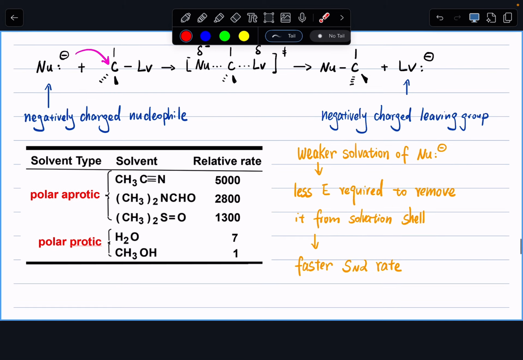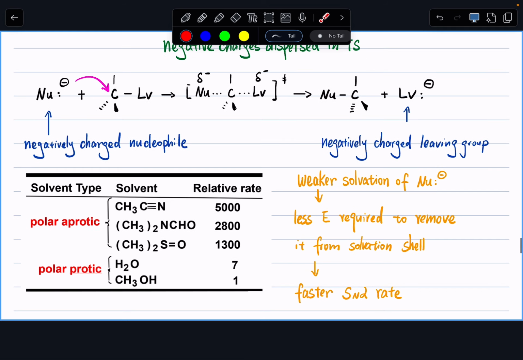So the logic is that if we have weaker solvation of the nucleophile, it takes less energy to remove it from the solvation shell. In the starting material, we want the nucleophile to be able to attack the carbon center. If your nucleophile is highly surrounded by solvent, it's less likely to escape from that solvent cage.